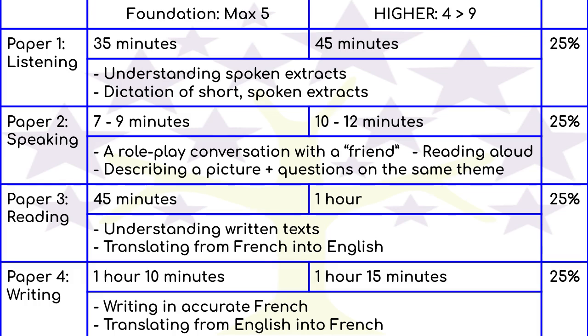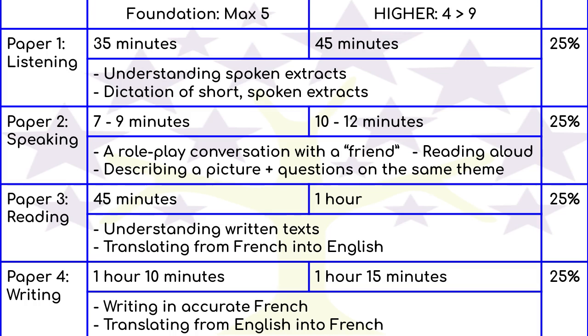So paper 1, the listening, all of these, hopefully self-explanatory. They do exactly what it says on the tin. The listening paper, you have to listen and show that you can understand the spoken French. There is a little section where you have to just write down what you hear in French. In the speaking exam, you have to speak French.